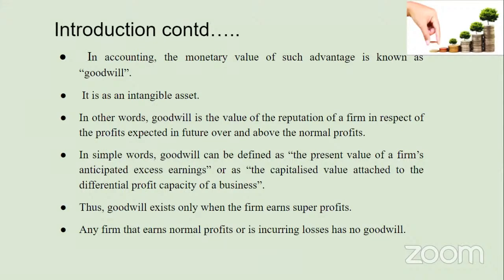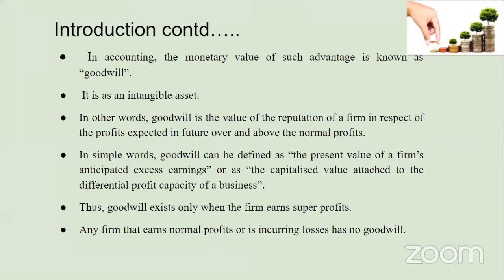Reputation of the firm in respect of profits expected in the future or over and above the normal profits, we call goodwill. And we can also say goodwill means the present value of the firm's anticipated excess earnings, means based on the future expectations, whatever the company is going to earn, that we call goodwill.